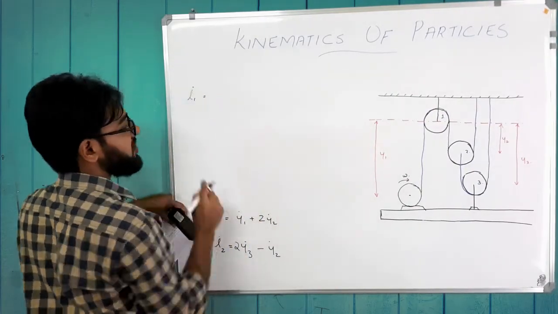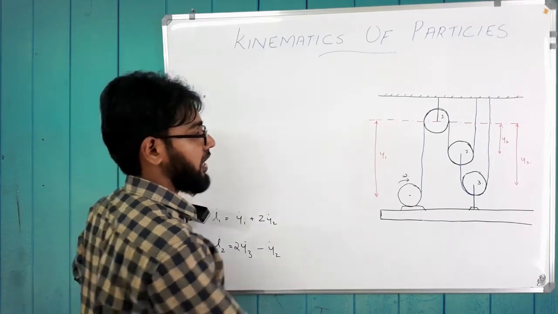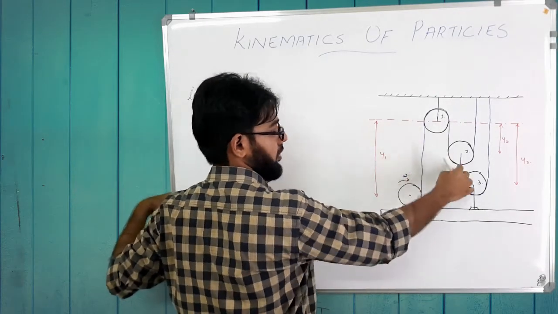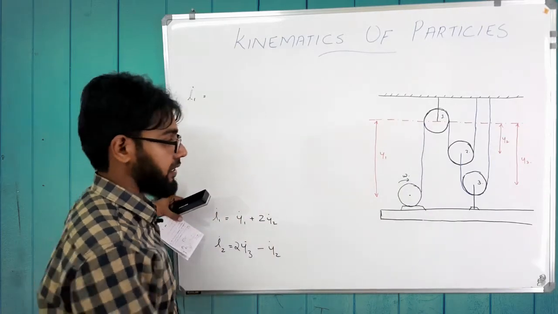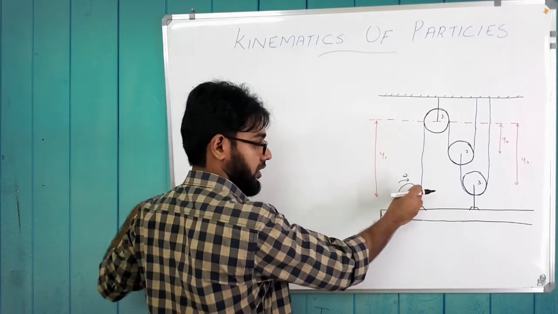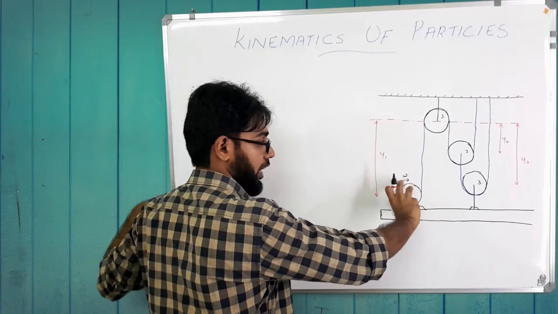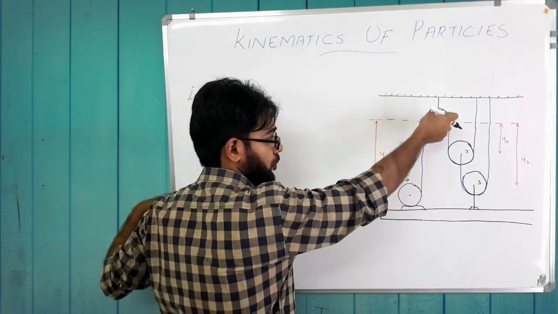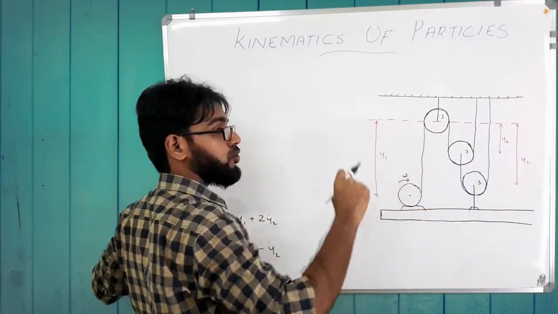L1 dot is the rate of change of the length of this chord. Now if you see that this corresponding motor is undergoing an angular velocity omega, and hence the rope L1 will reduce in length.